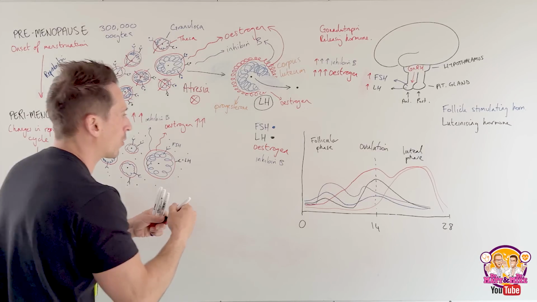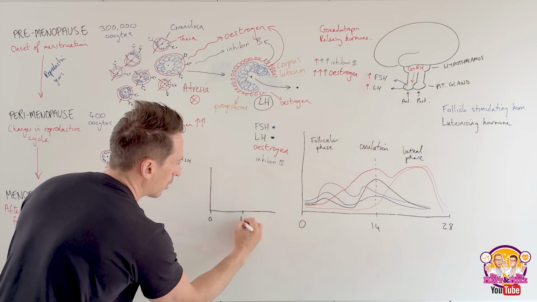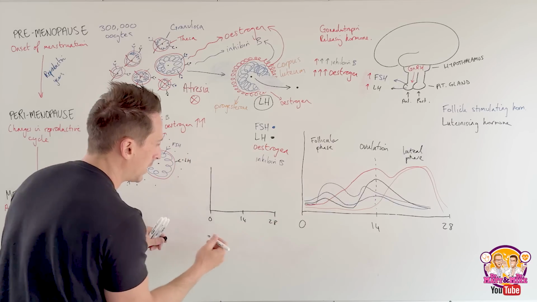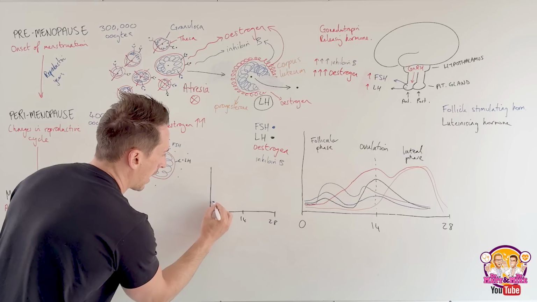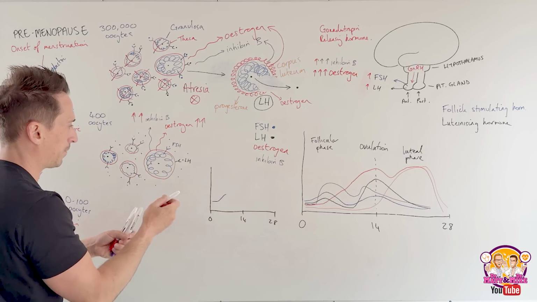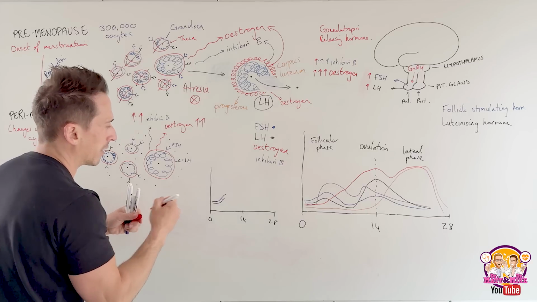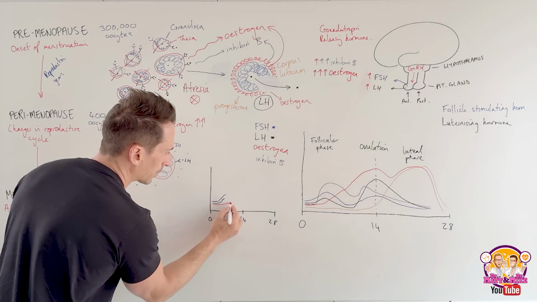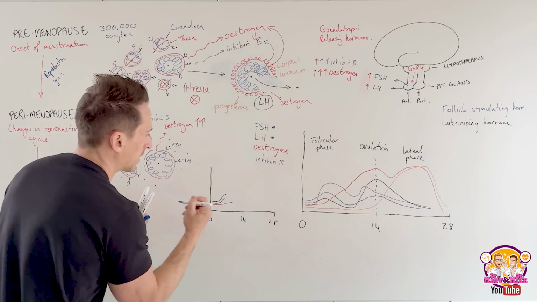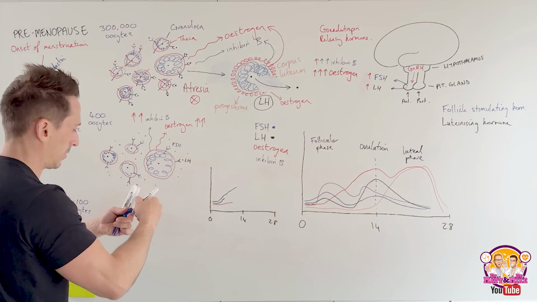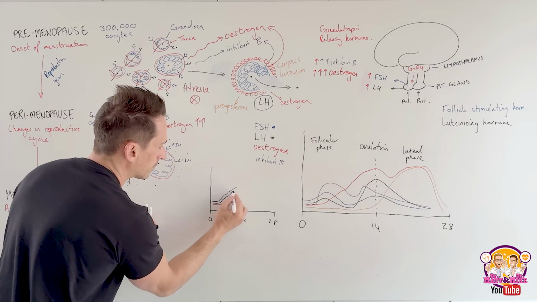So if I were to just draw up a very small version of this graph, 0, 14, 28. We said that early on, FSH goes up, LH goes up, but our estrogen levels remain low. So there's no inhibition. So what happens? FSH levels keep going up, LH levels keep going up, right?